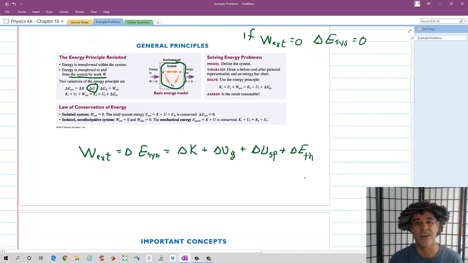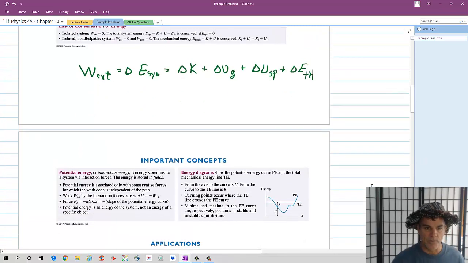If I'm going to include gravitational potential energy, the Earth has to be part of the system. If I'm going to include elastic potential energy, the spring has to be part of the system. And if I'm going to include thermal energy, all objects that heat up have to be included in the system.